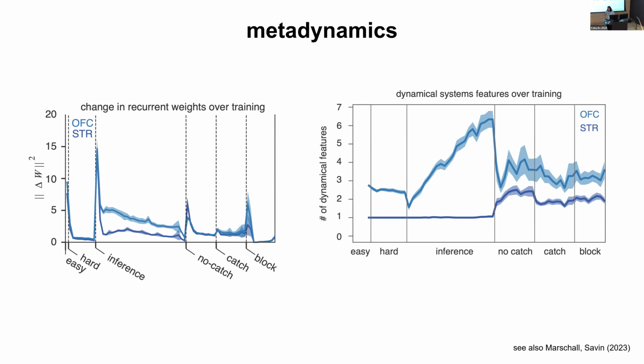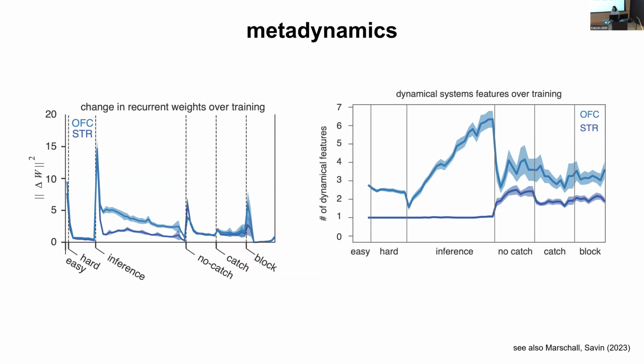We have a numerical procedure for extracting all of the slow points of the activity at different stages of the training process, and you find something like this: you start with a couple of attractors. During inference, when there's big reorganization, you're making a lot of dynamical systems features, and then you're trimming them down in order to converge to potentially a good solution. Okay, so this is just the numbers.